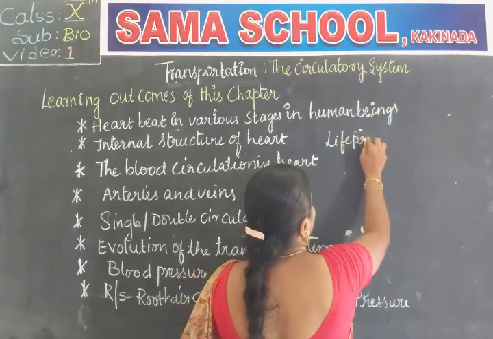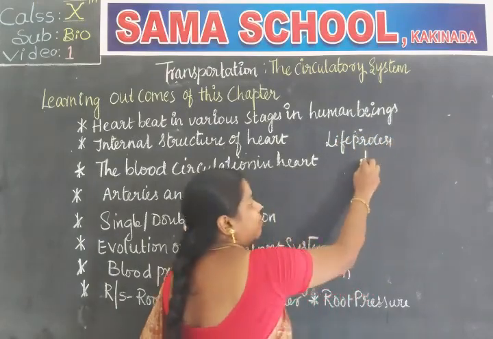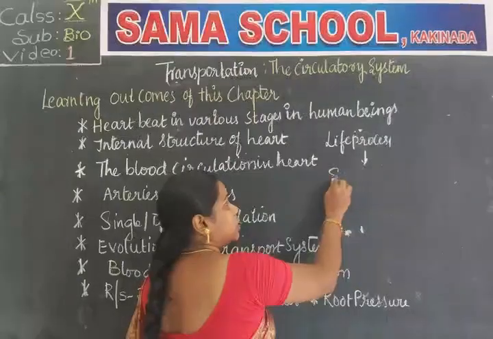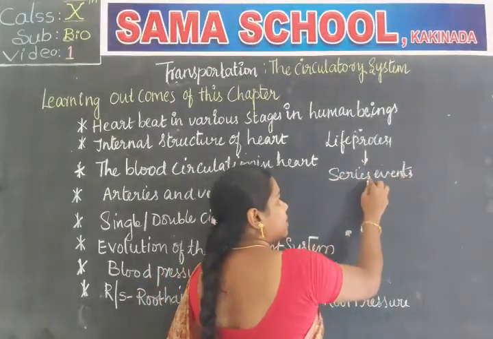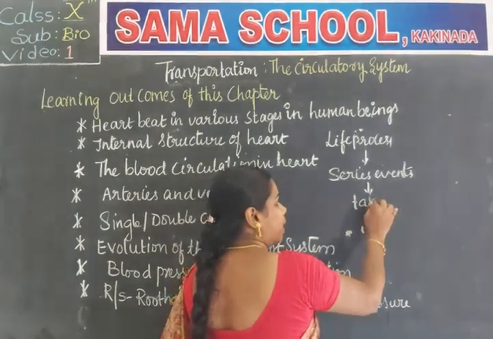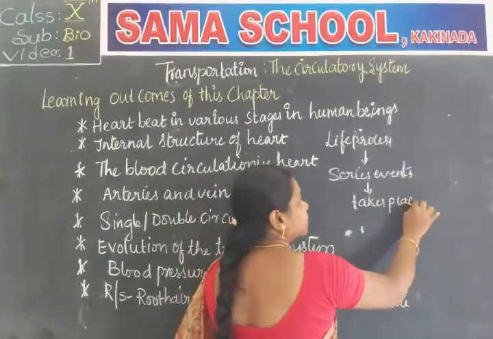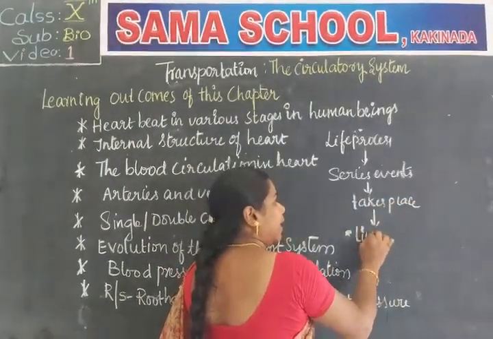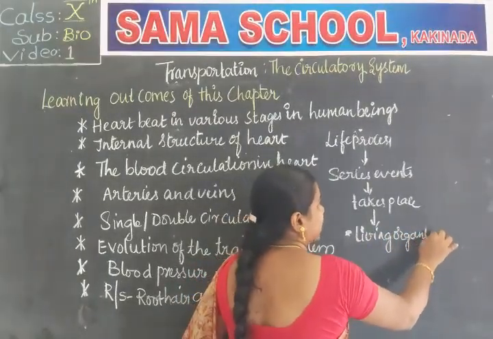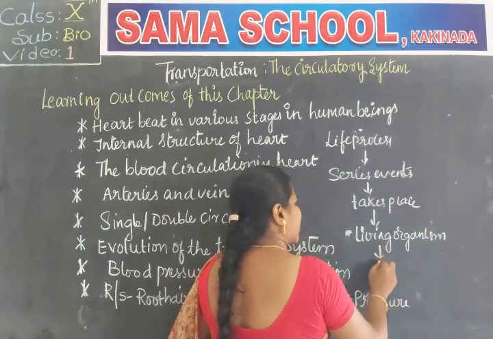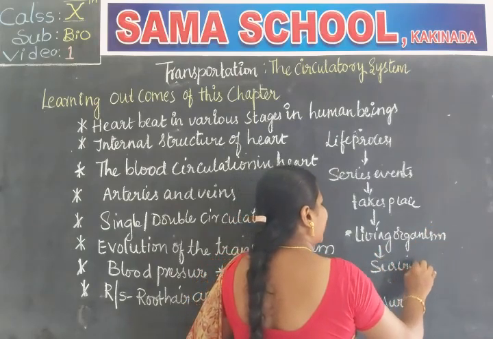A series of events take place in a living organism for survival. So what do they have to do for survival?